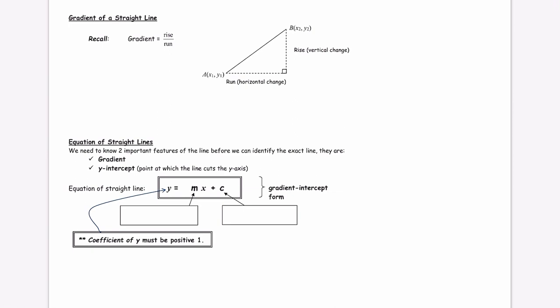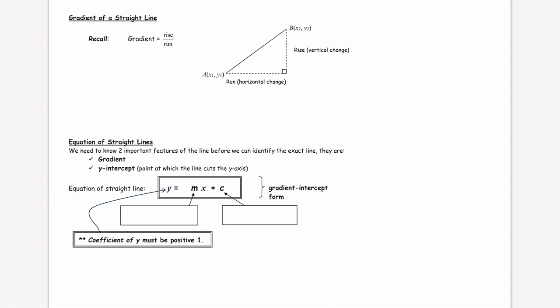Okay, and next we're going to talk about the gradient of a straight line. For gradient of a straight line, we need to change the formula a little bit because previously we have used a formula for gradient as rise over run, or for some teachers they like to use vertical change over horizontal change. Some would even use height over base, associating it with the concept of a right angle triangle.